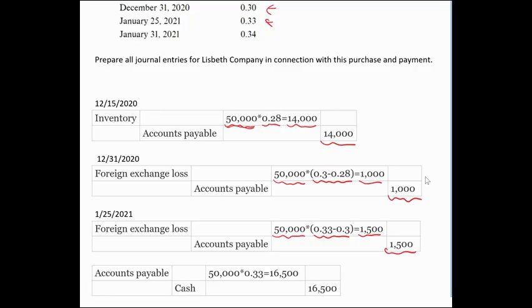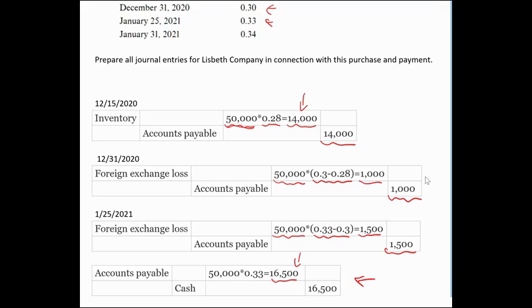Okay, this is the journal entry to recognize the loss, and then we use this journal entry to recognize the payment of the obligation. It's debit accounts payable and credit cash, and the amount here is in US dollars. Even though on the initial transaction when they purchased the inventory, they only owed the supplier 14,000 US dollars, now they need to pay the foreign supplier 16,500 US dollars.